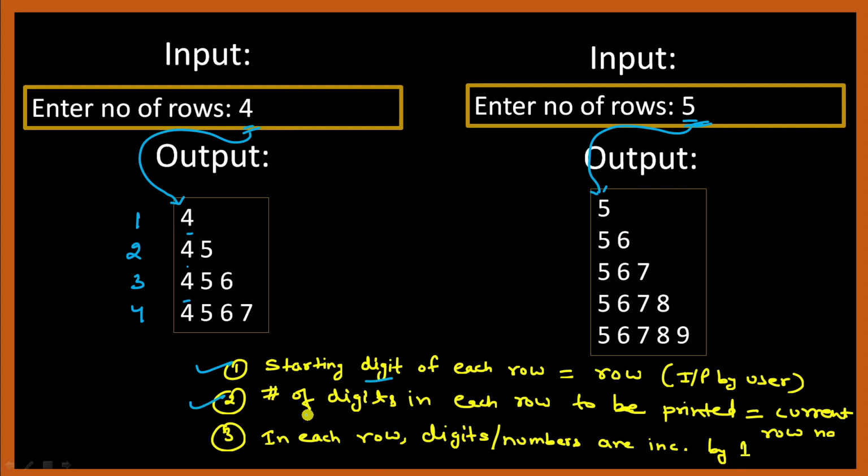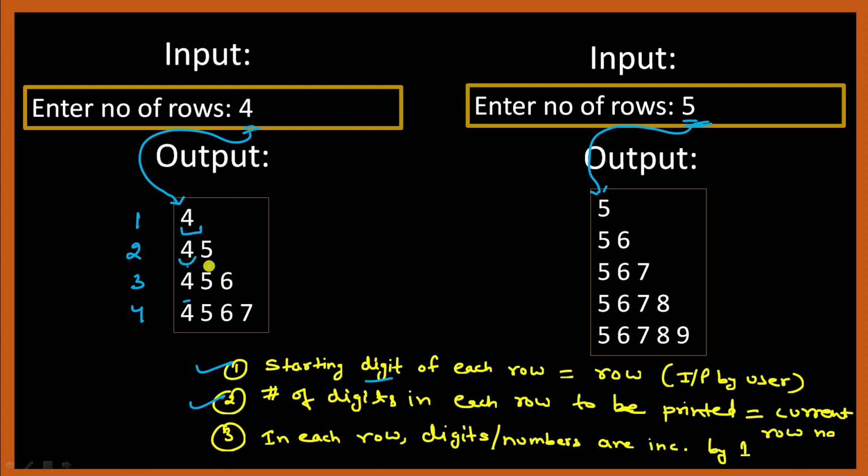The number of digits printed in each row is equal to the current row number. So we have to see how many digits are printed in each row. That is the second thing, as in the types of patterns we have seen previously. In each row, how many digits, numbers, or characters in general are printed? In the first row 1 digit, in the second row 2 digits.